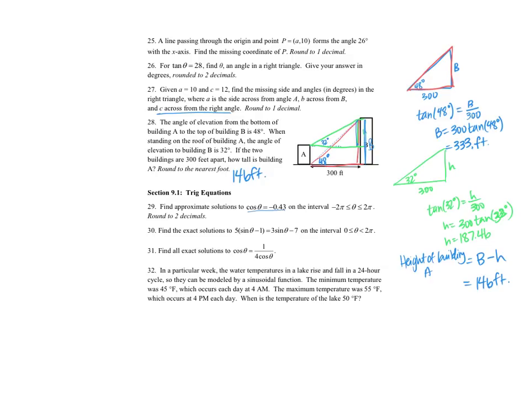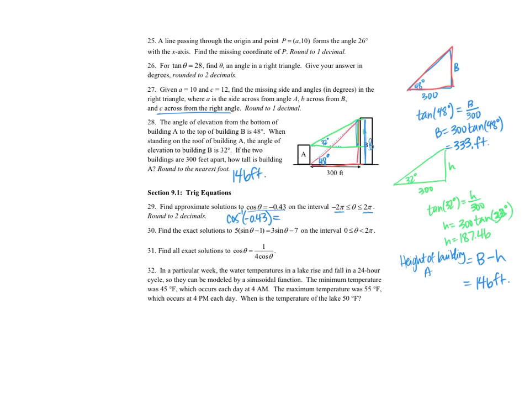Okay, and so the first thing I might do is find the inverse cosine in my calculator of negative 0.43. Notice here that the angles that are measured are in radians already, so I'm going to make sure that my mode is switched to radian mode for this question.